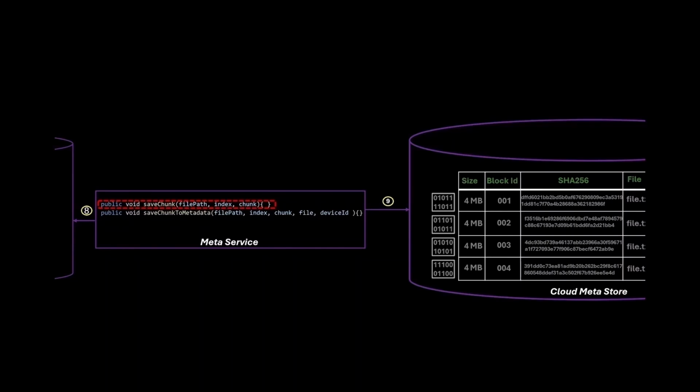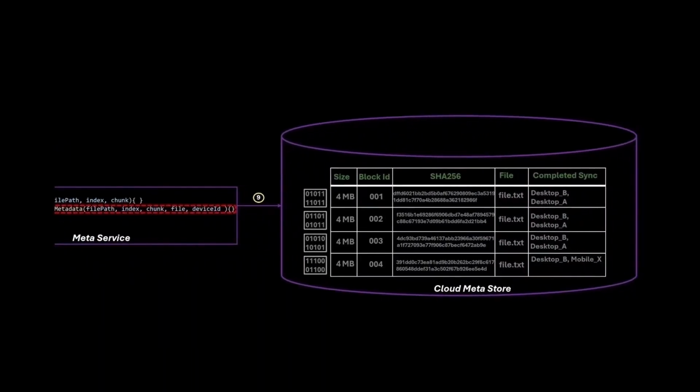So the sync bit service calls the save chunk to metadata method of the meta service to save these details to the cloud meta store, which is this method. And we have to remember 2-3 points here: if you see this method closely, you would see that we are adding some extra details like the file and device ID. Let's look at the data saved inside the cloud meta store.